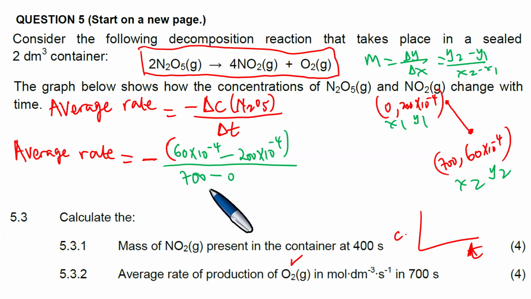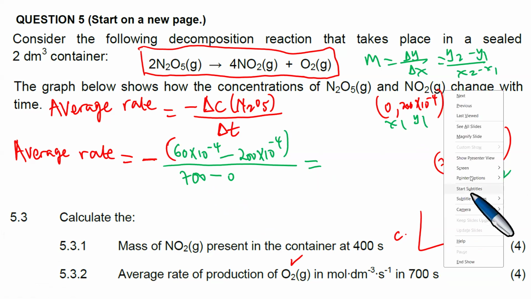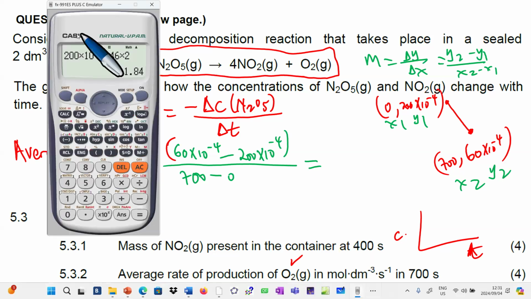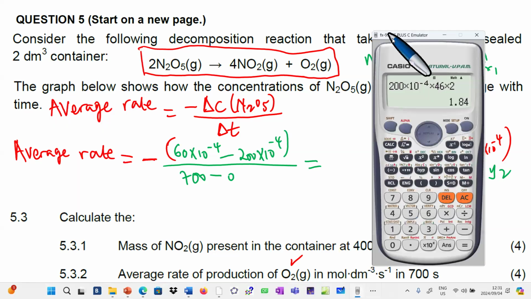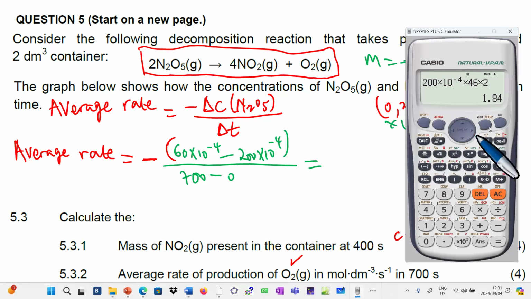And we're going to use our calculator very quickly. Okay, here's the calculator. At this point, if you want, you can already put a negative in front.